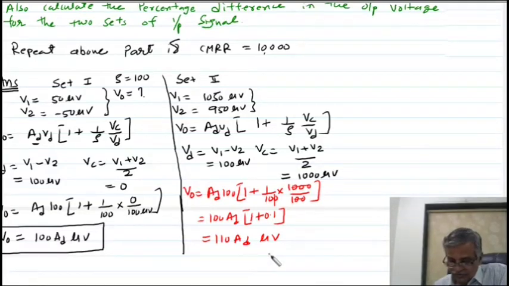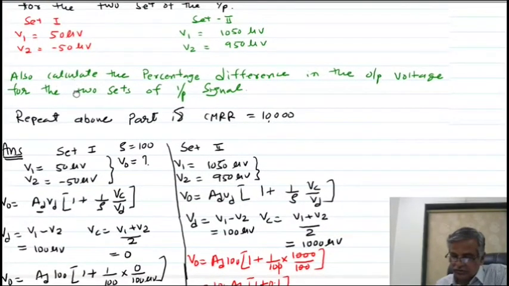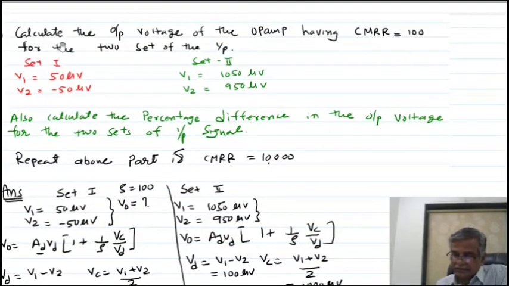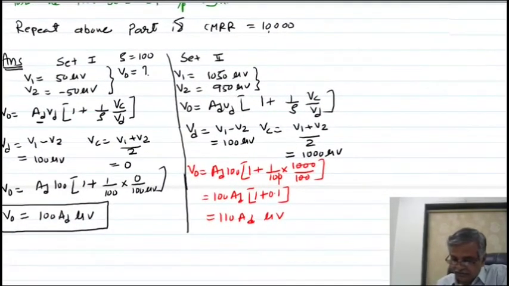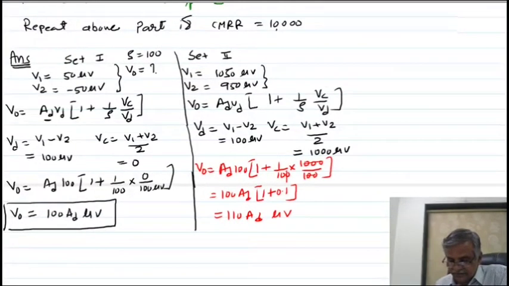So the first question is okay. Calculate the output voltage. Now second, also calculate the percentage difference in the output voltage. How much do they differ? See, for one set they are getting 100 AD, for the second set they are getting 110 AD.